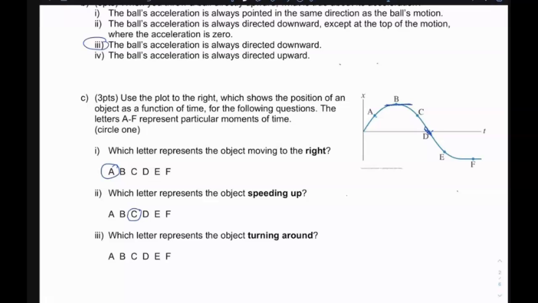So it's going in the positive x direction before B, and is going in the negative x direction after B. So the turnaround point must be at point B. And that concludes this video.